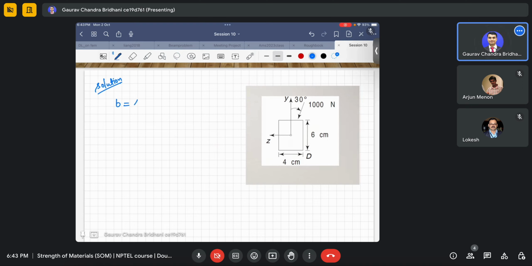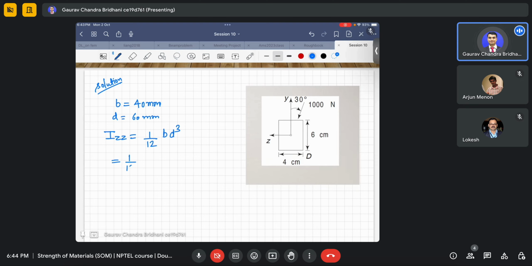Our width is 40 mm, 4 centimeter, and the depth of the beam is given as 60 mm, 6 centimeter. Now I will find the second moment of inertia also. First I will find IZZ. What is IZZ? It is 1 by 12 B D cube.